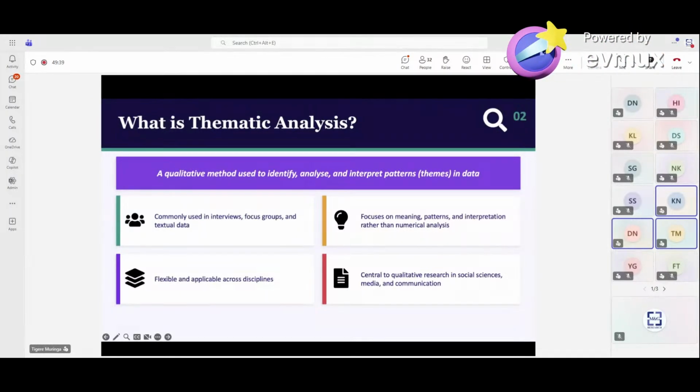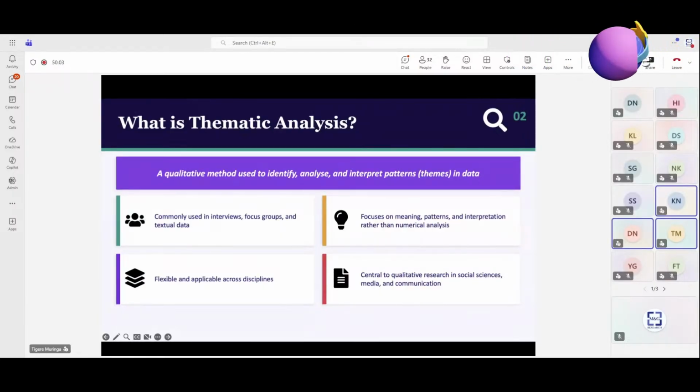So that process involves identifying and interpreting patterns in response to your prompts or the questions you have asked.